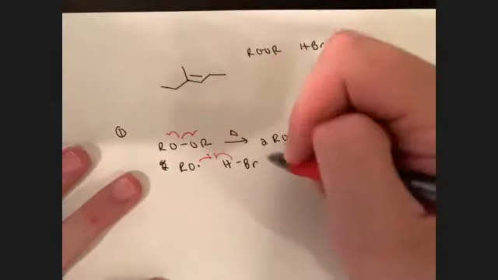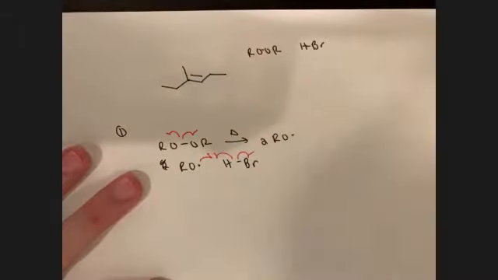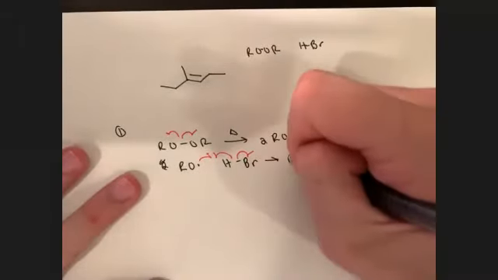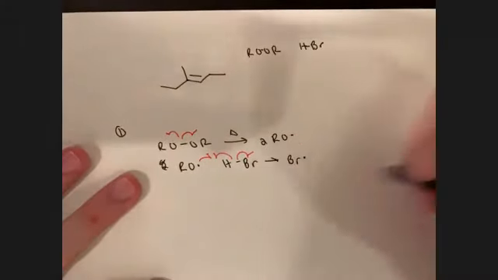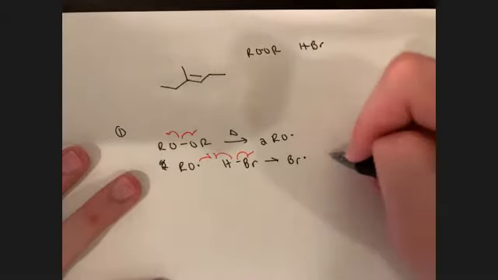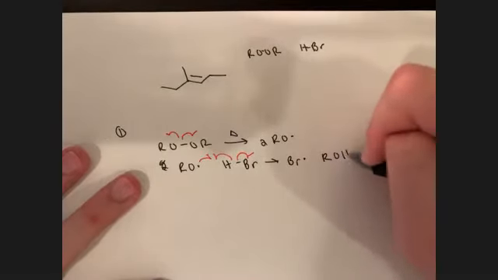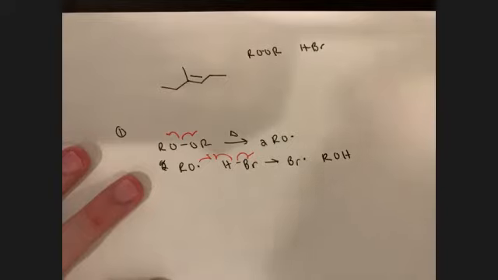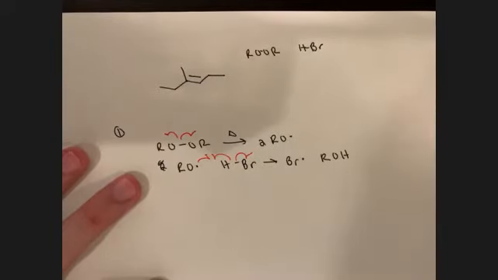Essentially, this peroxy radical is going to extract a proton from hydrobromic acid, generating the bromine radical as the end product, as well as an alcohol. You just formed whatever that R chain was and this hydroxyl group, because we abstracted a proton from the hydrobromic acid. So that is our main initiating steps.